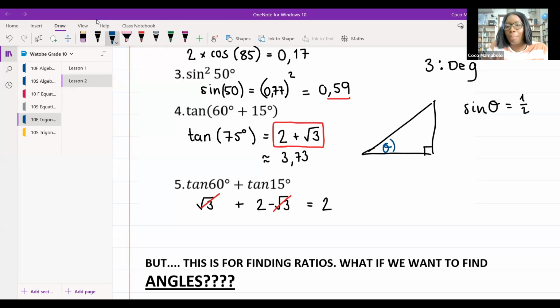She's telling me that her opposite side is 1 and her hypotenuse side is 2. It's giving you the answer to the angle in relation to the ratio that you've given it. Does that make sense?